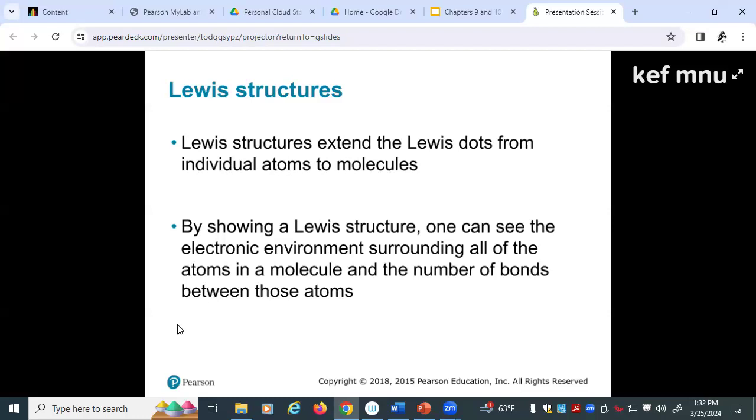The Lewis structure gives us an idea of how that molecule is put together in terms of its bonds. And so that's the main point of this exercise that we're getting into here in chapter 10. How can I put these molecules together? How can I put these atoms together to give me a molecule overall? How are they bonded together? What kinds of combinations of bonds exist in this molecule?